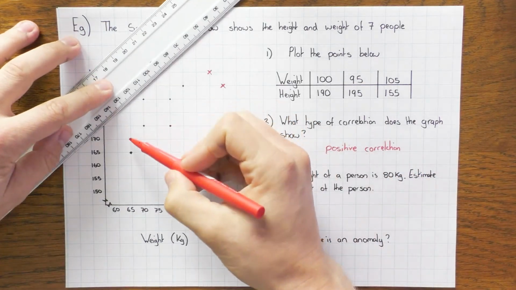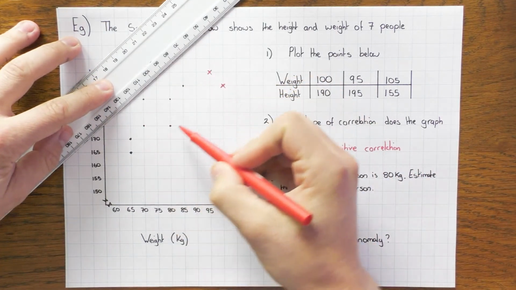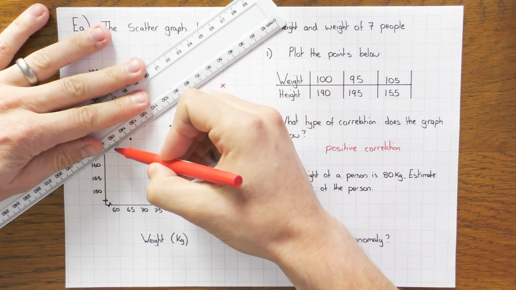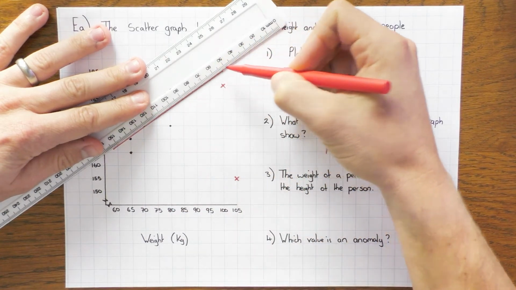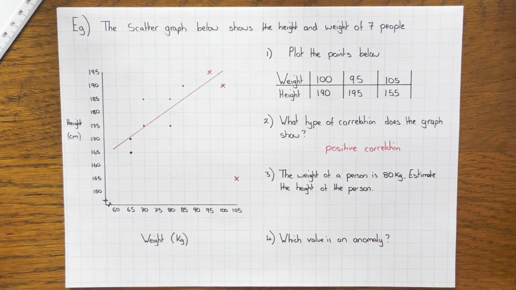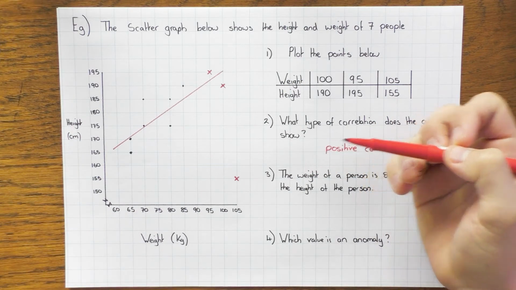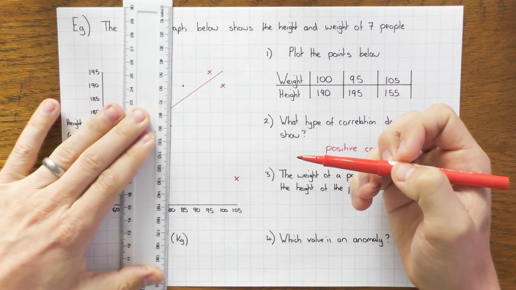So let's have a look. I've got 1, 2, 3, 4, 5, 6, 1, 2, 3. So it's probably going to be something a bit like that. Again, use pencil just in case you get this wrong, so I'm sort of doing it like that. Yep, that'll do. Okay, so you must draw a line of best fit. And then it says the weight of a person is 80 kilograms. And again, get your ruler.